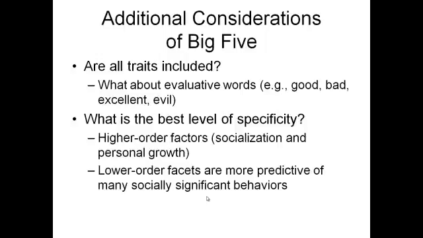I mean, you could be low in agreeableness, but does that necessarily mean you're evil? Maybe not. You could be low in conscientiousness, meaning you're kind of irresponsible. Does that mean you're evil? Not necessarily. But you can definitely make the case that maybe something is missing in the big five.